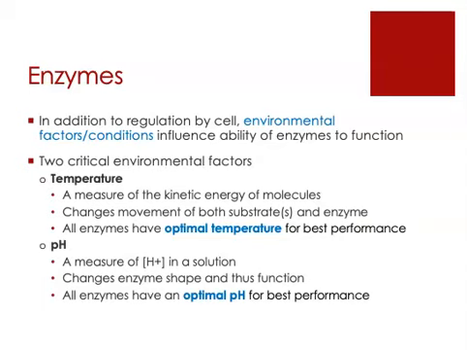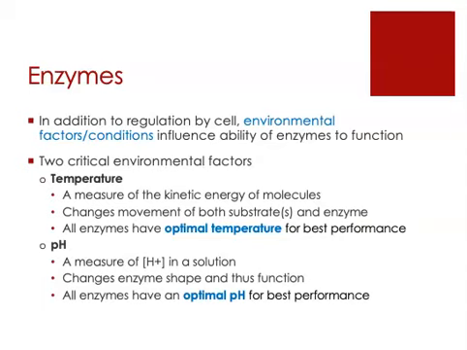Hydrogen ions will interact with protein. Hydrogen ions will come in and bind to enzymes. So by altering the concentration of hydrogen ion in a solution, you're going to alter how much binding of those hydrogen ions is going on with enzymes.